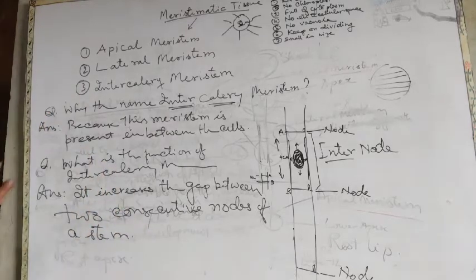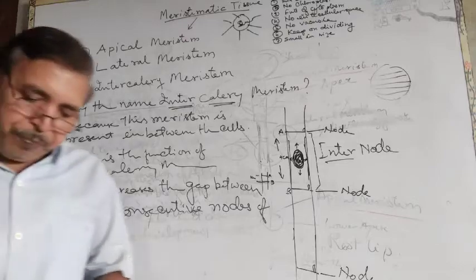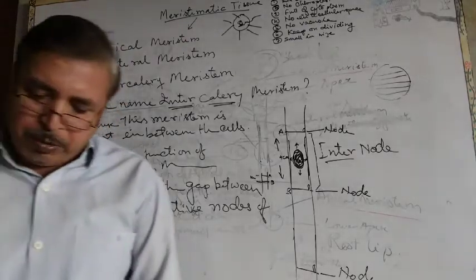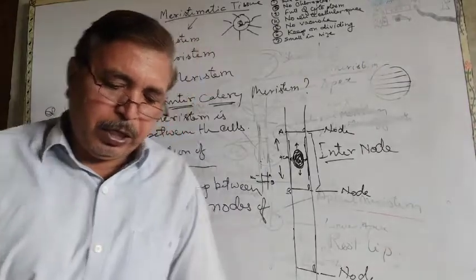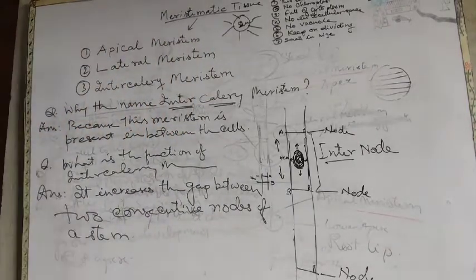Do you understand? It increases the gap between two consecutive nodes of the stem. So this is all about the lateral meristem, apical meristem and intercalary meristem. And these are called the meristematic tissue.